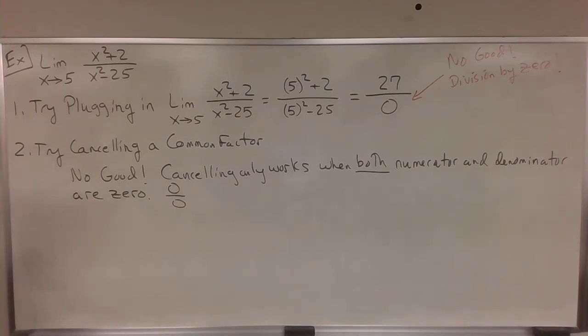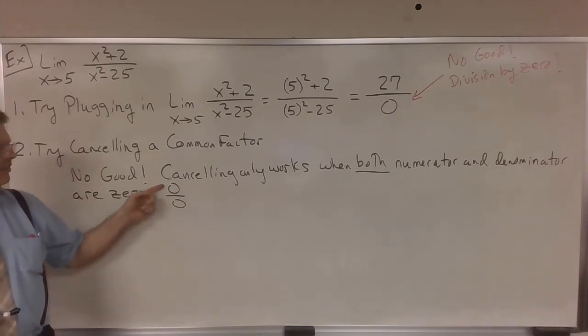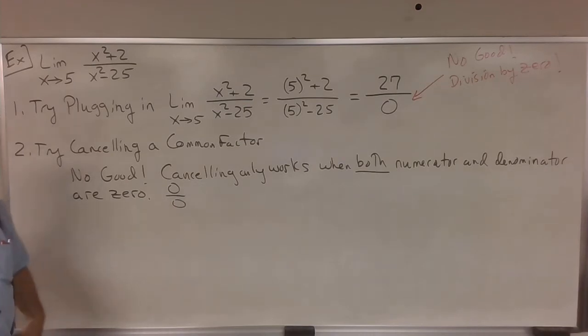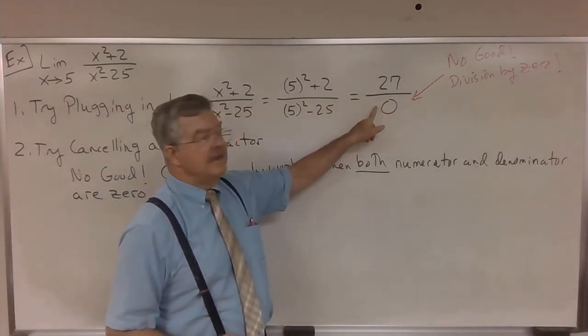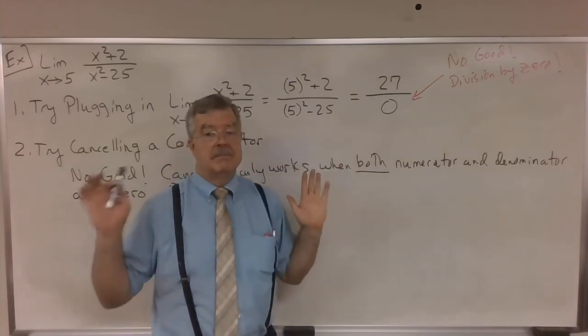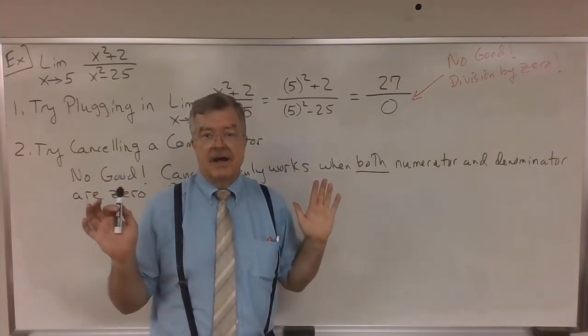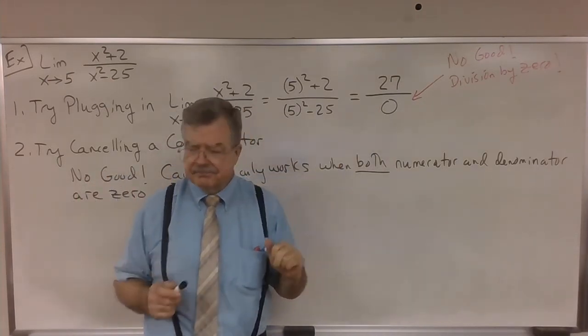So the canceling trick only works when we get this when we plug in. And we didn't get this when we plugged in this time. Here, we have a non-zero numerator and a 0 denominator. Canceling's not going to get us out of this trouble.